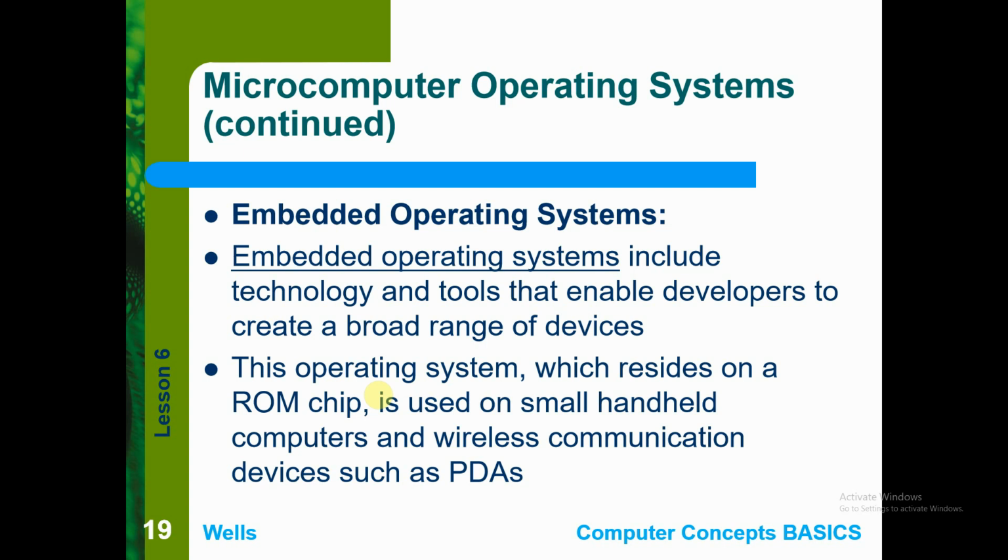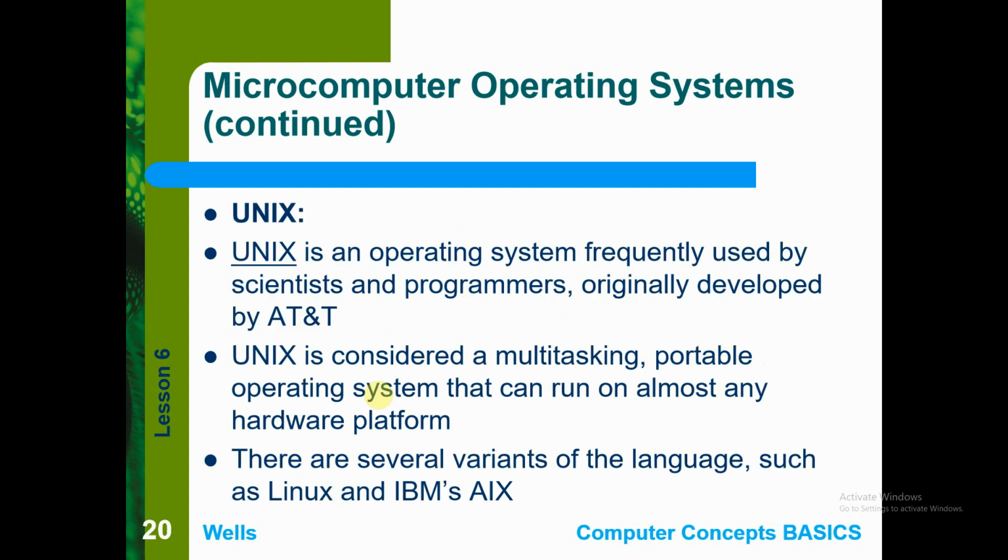It was developed initially for PDAs, wireless communication devices, which later on developed into our smartphones, palmtops, and graphics drawing input devices. They also use these specific embedded operating systems.